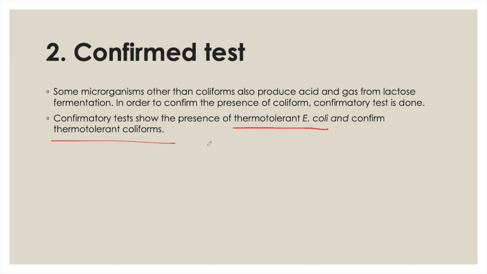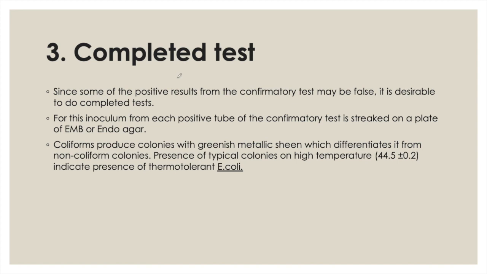After this, there is a third test, the completed test. That is because some of the positive results from the confirmatory test may be false, so it is desirable to do a completed test. For this, we take an inoculum from each positive tube of the confirmatory test and streak it on a plate of EMB or endo agar.